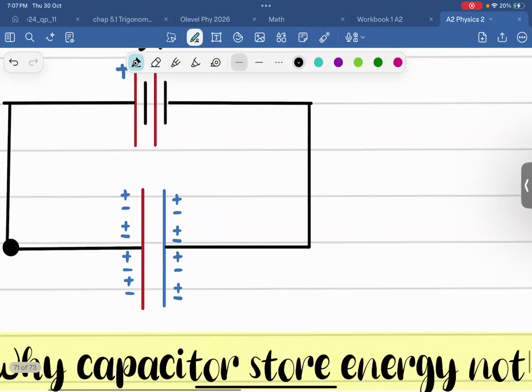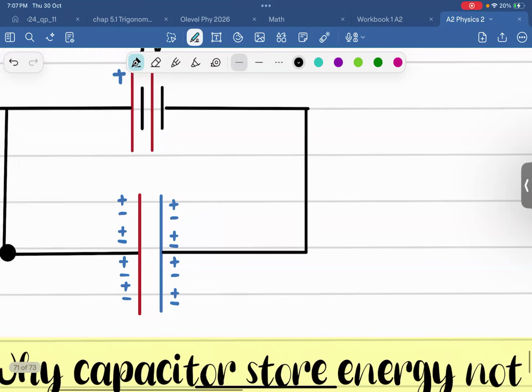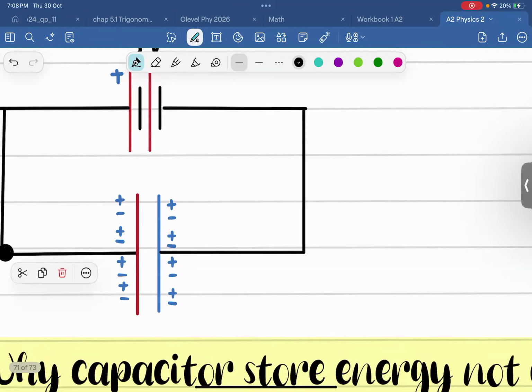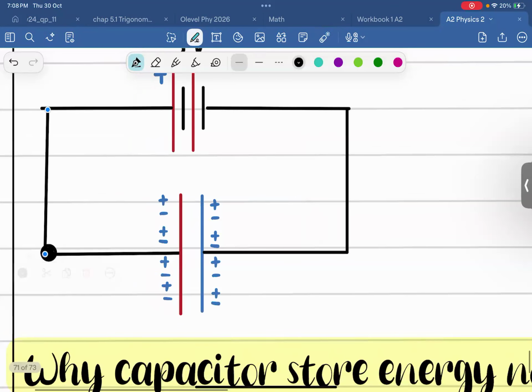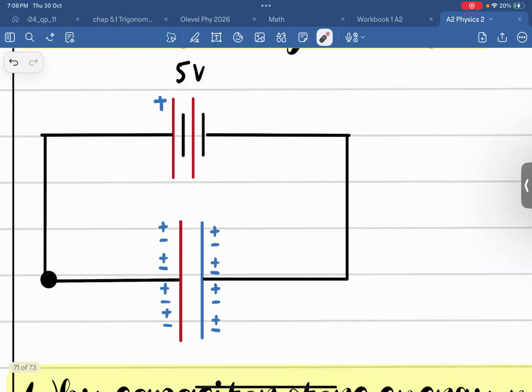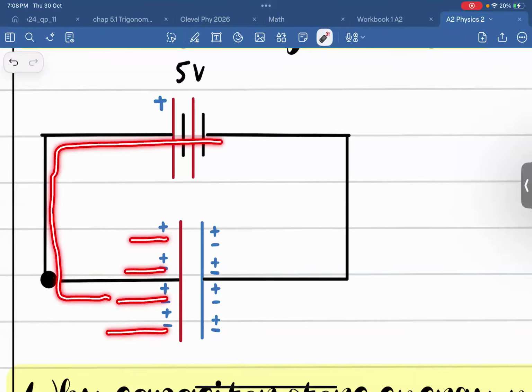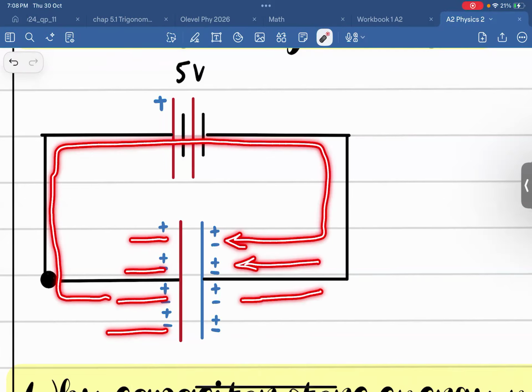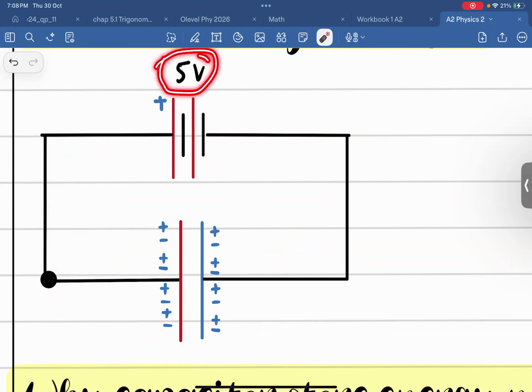As you connect the plates to the battery and close the switch, the positive terminal of the battery will attract all the negative charges out, and it will take the negative charge through the battery to the other plate, right? And all the charges will get stored onto the next plate. This process continues till all of this energy gets utilized.